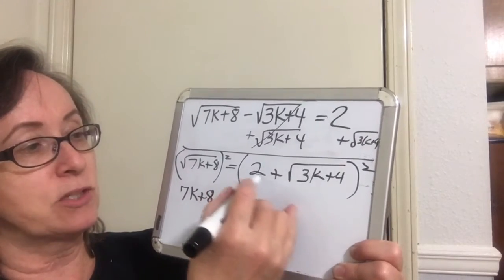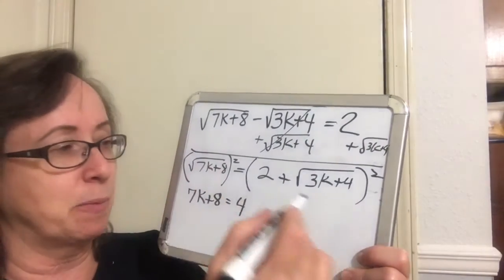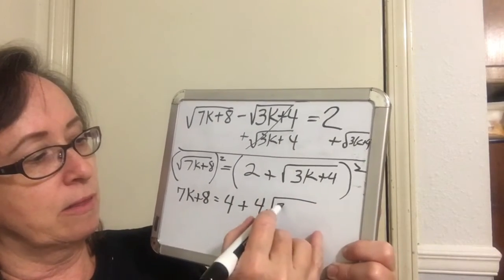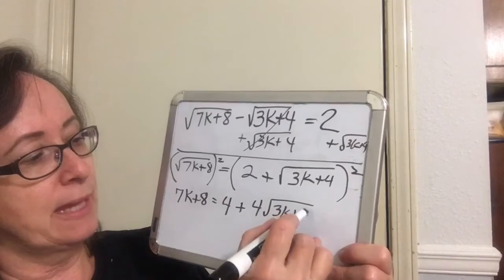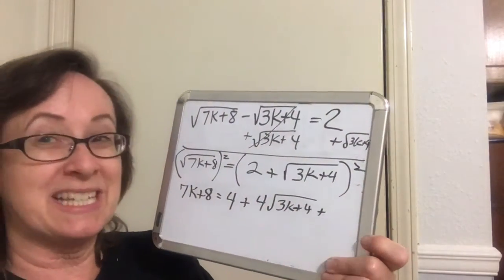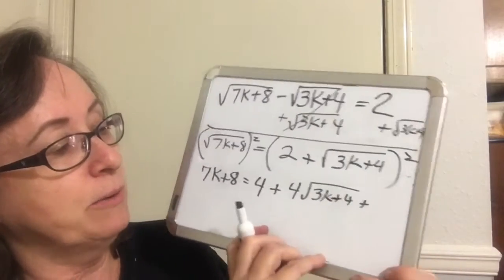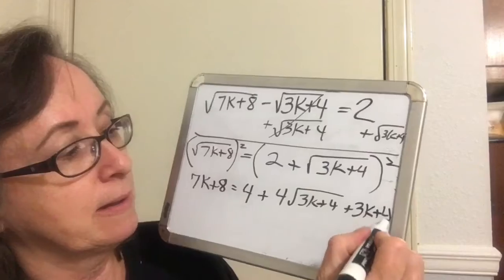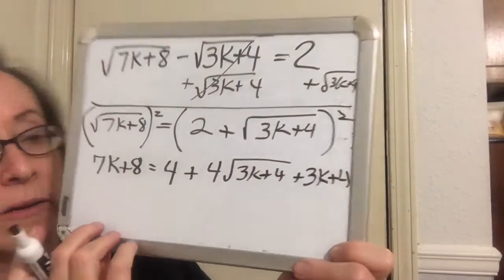This product is 2 times the radical, but when I double it, it's 4 times the radical 3k plus 4. And the last term squared, we'll just take off the radical, so the last term squared will be 3k plus 4. All right, so that's what I have now.